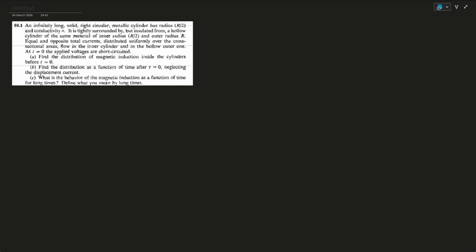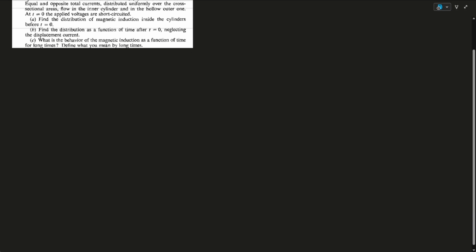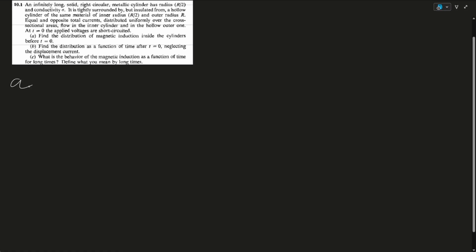And part A asks to find the distribution of magnetic induction inside of the cylinders before t equals 0, which is the initial steady-state magnetic field, which we can find using, I think, Ampere's law. Anyway, we'll begin.